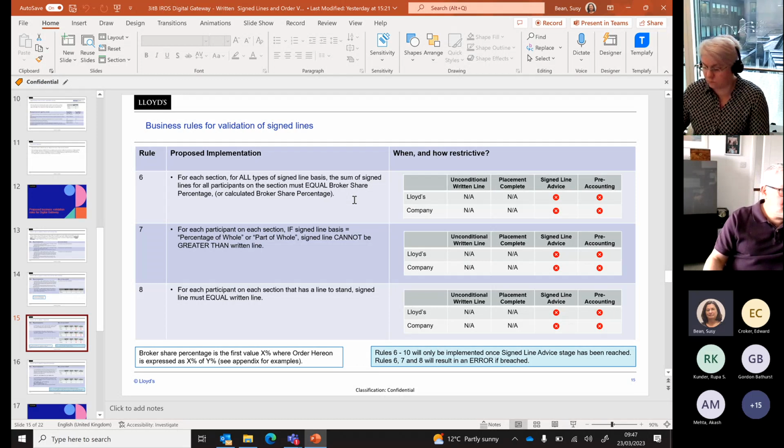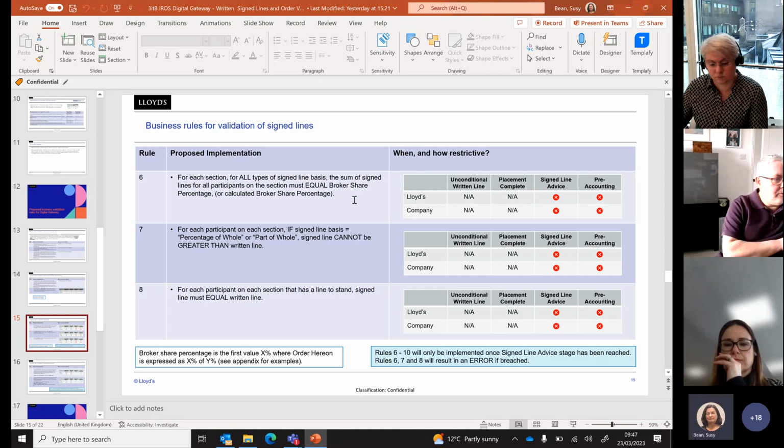So your broker share percentage is basically 100% here, and the part of whole is an 100% amount. In that scenario, the sign line cannot be greater than the written line.